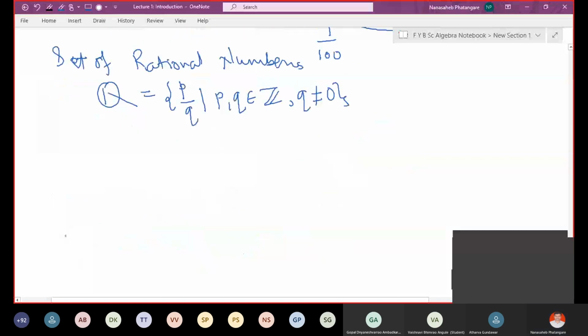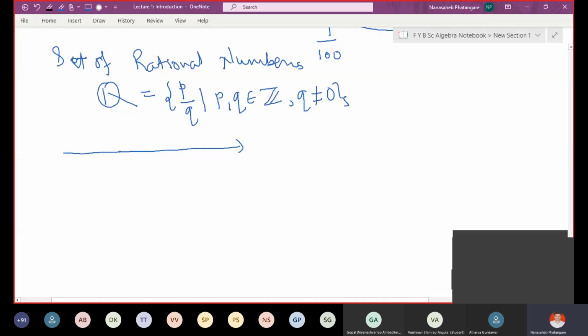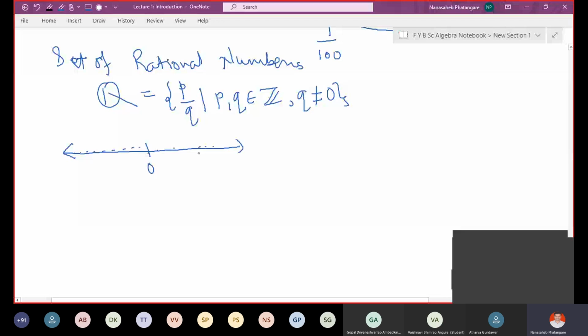But then people were thinking that if you fill this line with rational numbers, then you can completely fill up this line. If you put all the rational numbers on the line, then the line will be completely filled by rational numbers. But then later on, what happened?